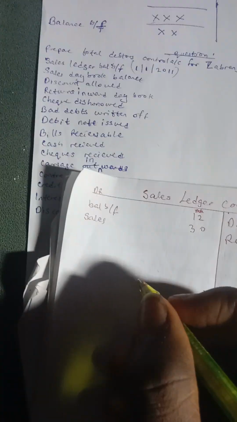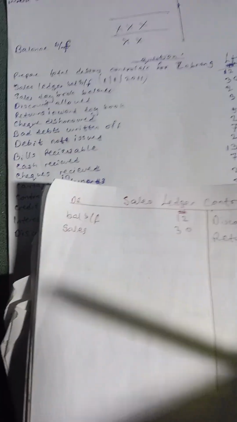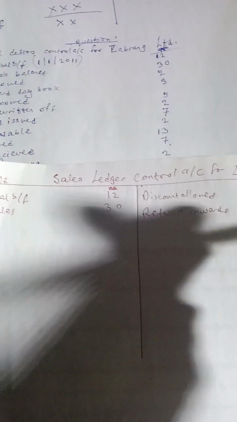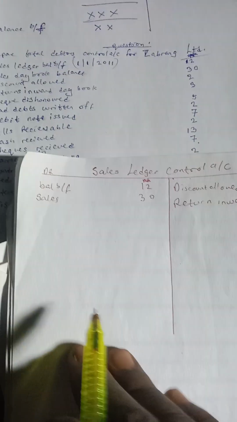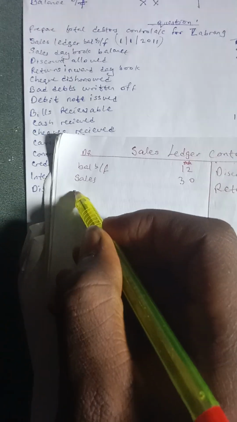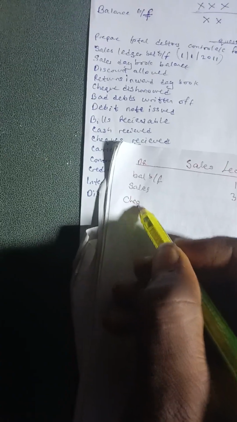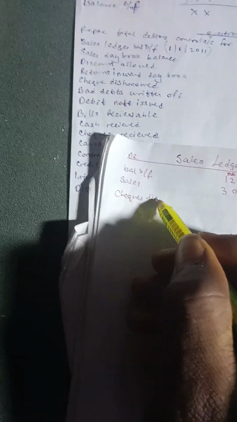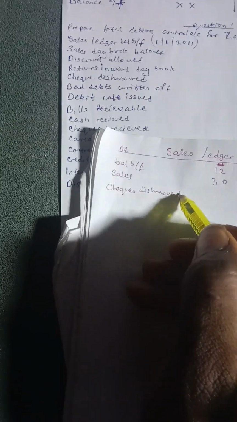Then we have cheques dishonoured. Paying by cheque is actually supposed to reduce the debtor's indebtedness because he has reduced his debt by paying some of his money. But when it's dishonoured, the debt that he reduced has now increased again. So it comes to the debit side. We have cheques dishonoured to be 5 naira.